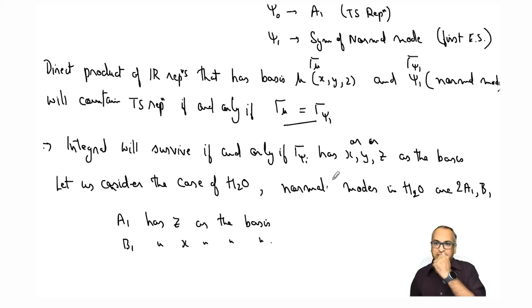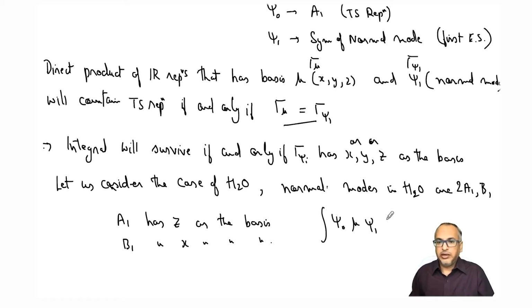So if I am now calculating the direct product of psi 0 mu psi 1, the integral of psi 0 mu psi 1 d tau, psi 0 has a1 symmetry.